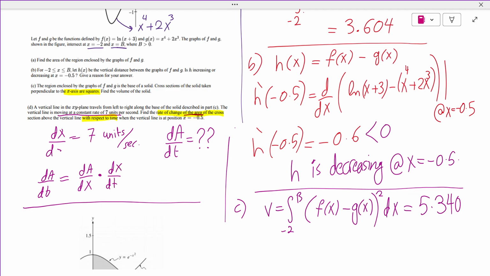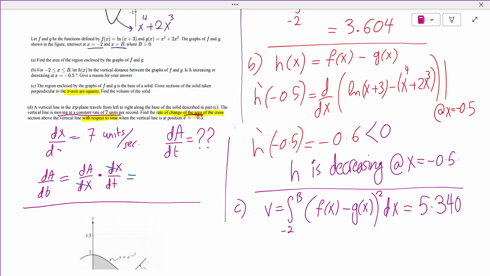Because here if you cancel dx with dx, that leaves you with dA over dt. So we need to find dA over dx at x equals negative 0.5, and we will multiply it by 7.